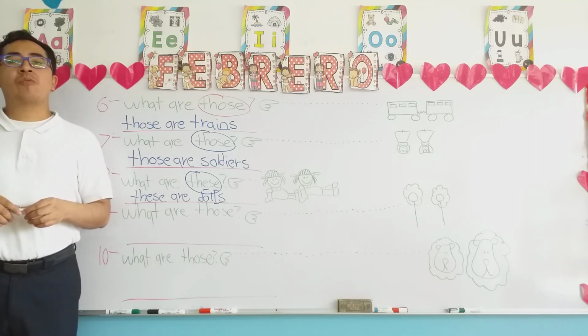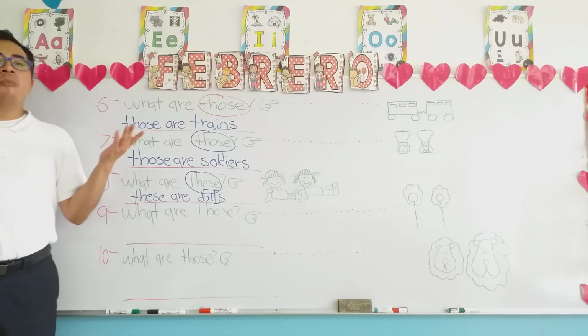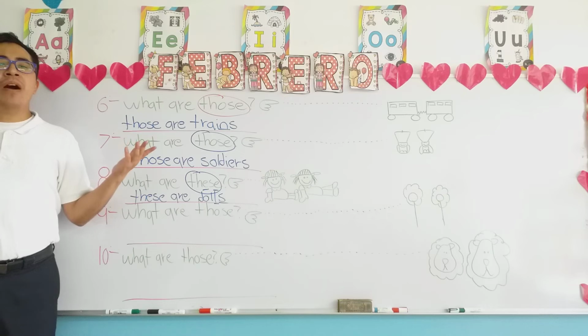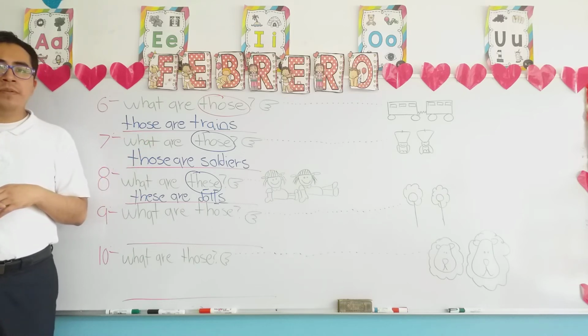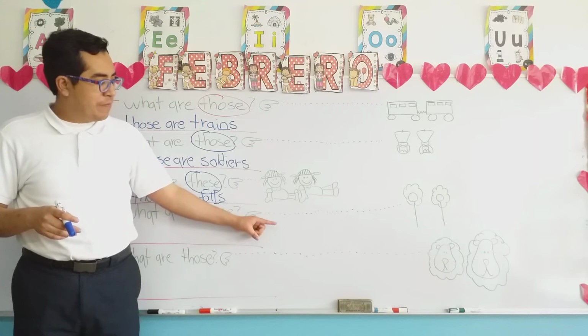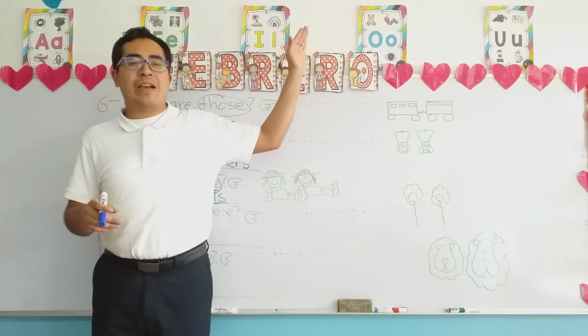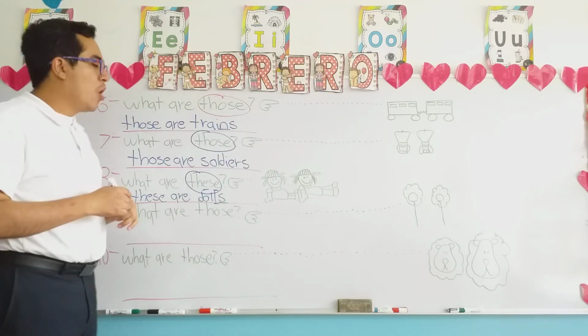Let's continue with question number 9, and it says, what are, ¿qué son? Let's check the distance. Here is the finger, and the objects are far from us, lejos. So it is those.